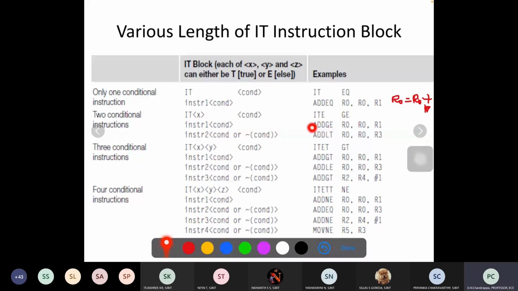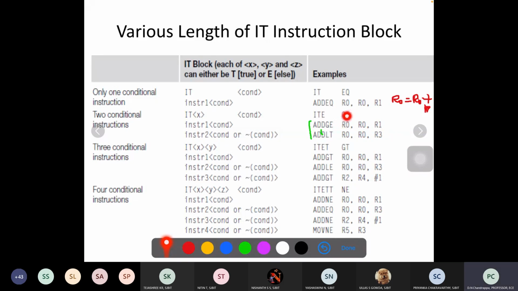Take an example of two instructions. Here ADDGE, GE for greater than or equal, GT for greater than. ADDGE R0, R0, R1.